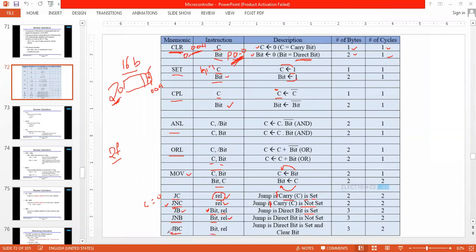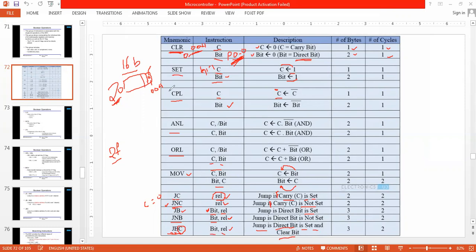After jumping to a relative address, the particular bit is going to be made 0. C stands for clear. It is not a carry flag. Here in JBC, C stands for clear bit. So jump if direct bit is set and clear the bit. Okay.